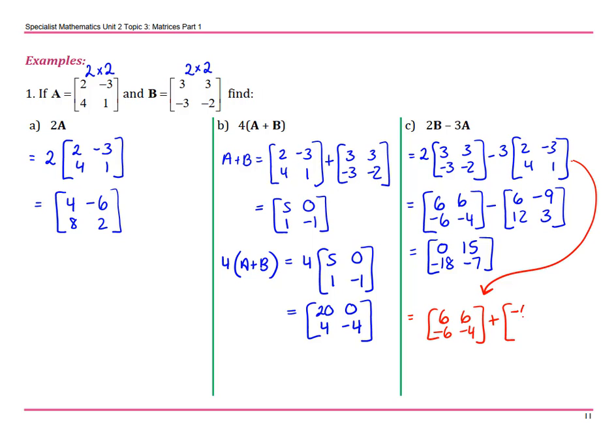So that would have been -6, 9, -12, -3, and then did an addition instead of subtraction. So 6 take 6 is 0, 6 plus 9 is 15, -6 plus -12 is -18, -4 plus -3 is -7. So you can see my answers are the same.